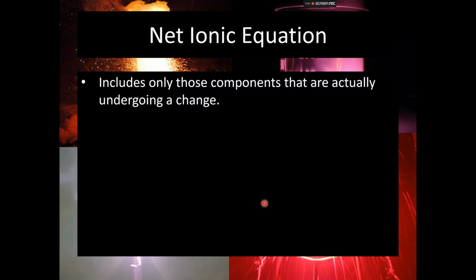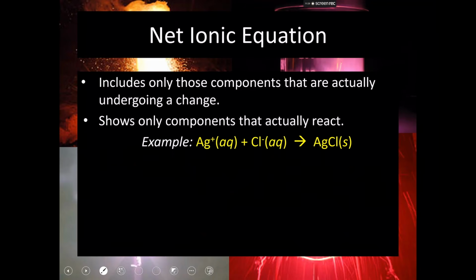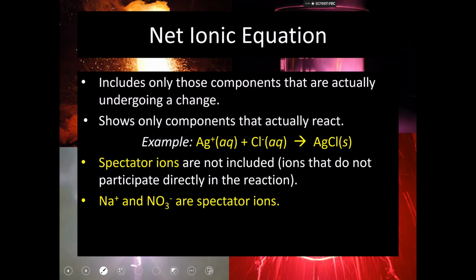Because if we go back, they are the ones that are identical in the reactants and products, whereas the chloride and the silver are actually doing something. They're participating in the reaction. They're actually reacting, essentially. So the nitrate and the sodium here are the spectator ions. The silver and the chloride are the reaction. The ions are actually reacting.